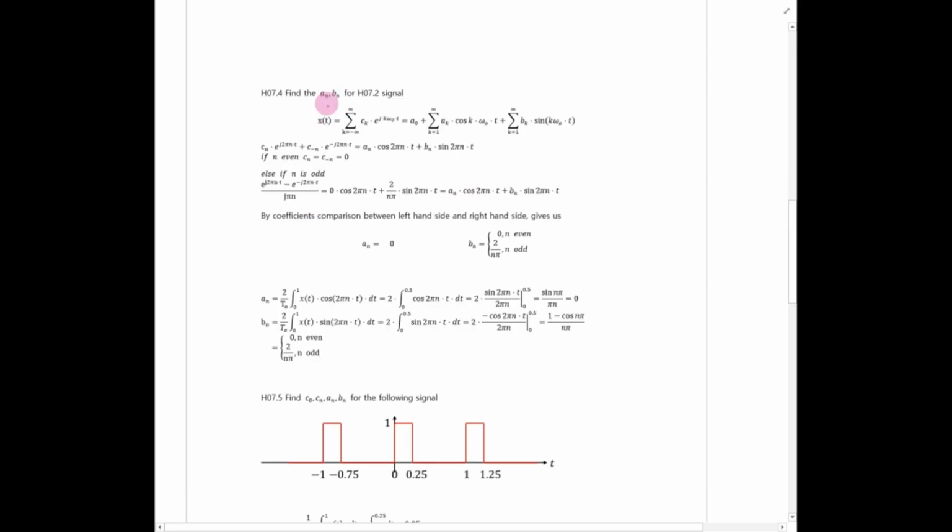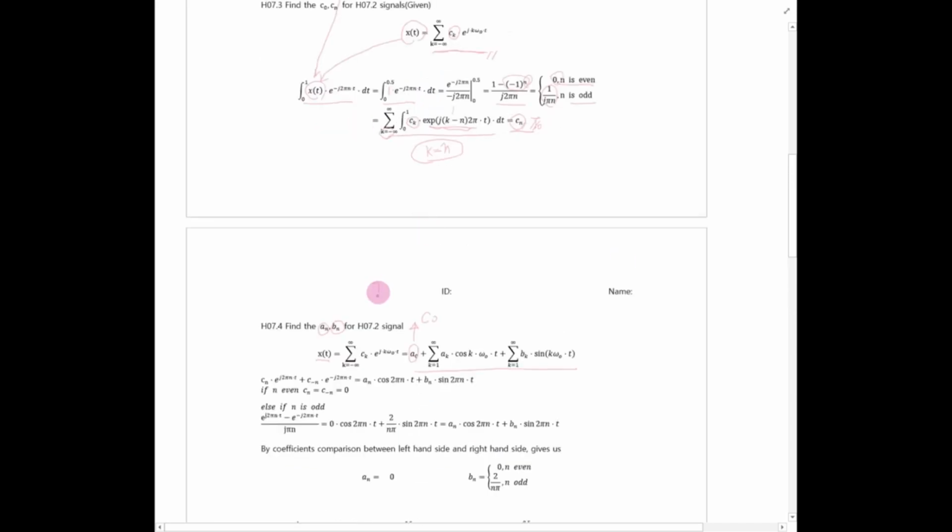Try to find out the an and bn. In these cases, we can expand x(t) with these equations. Here, a0 is the same as c0 because when n equals 0, the e to the minus j n omega 0 t harmonic component is 1.